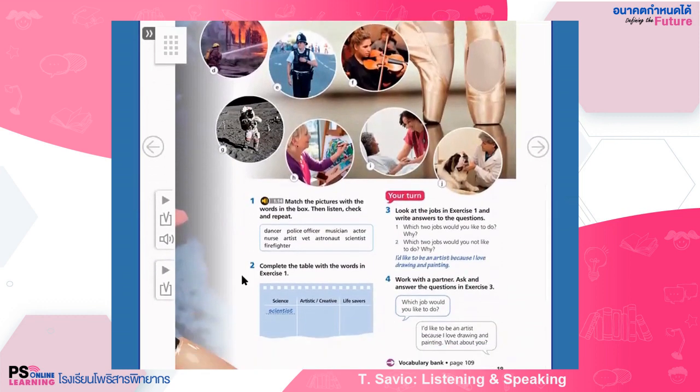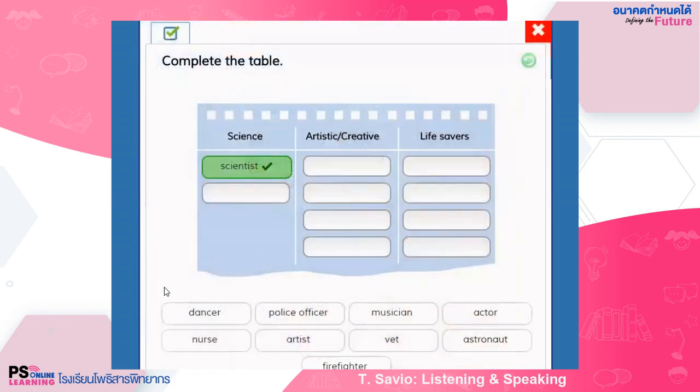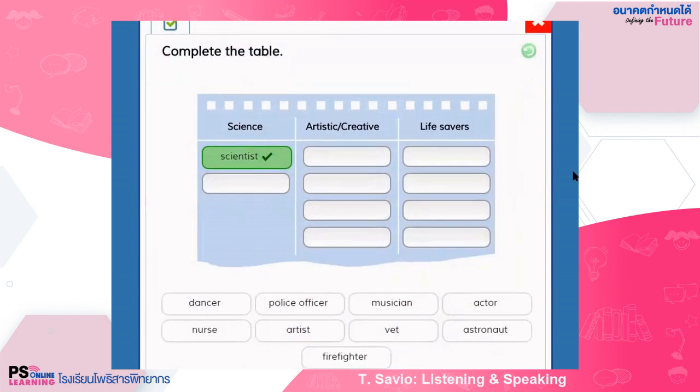Let's move on to the next exercise, where we have to complete the table. There are different kinds of jobs. One job involves science. Some other jobs involve artistic and creative disciplines.